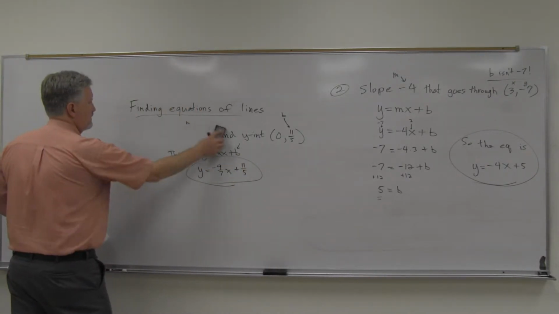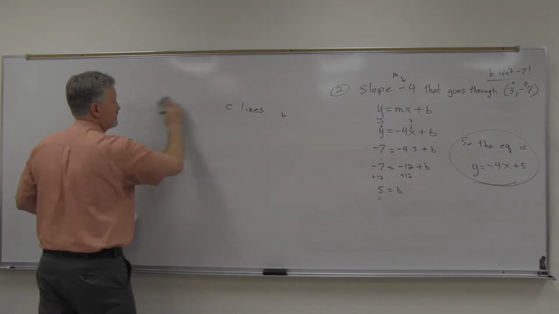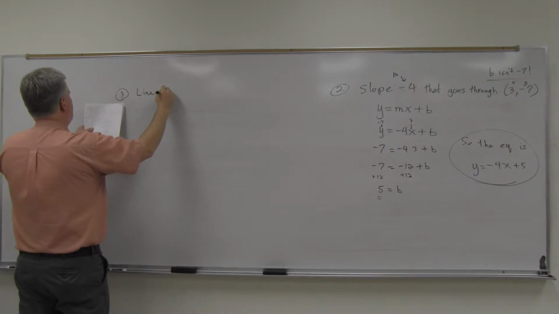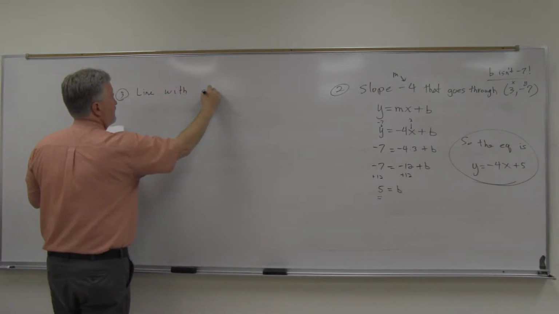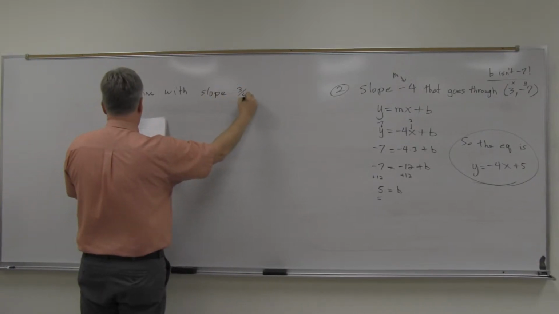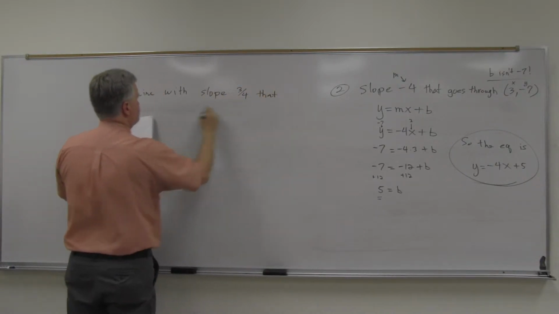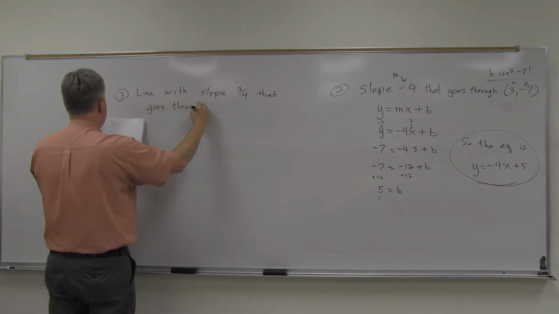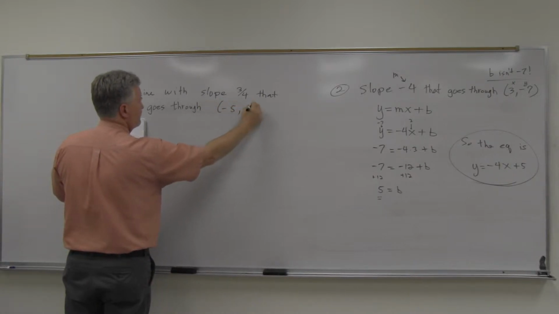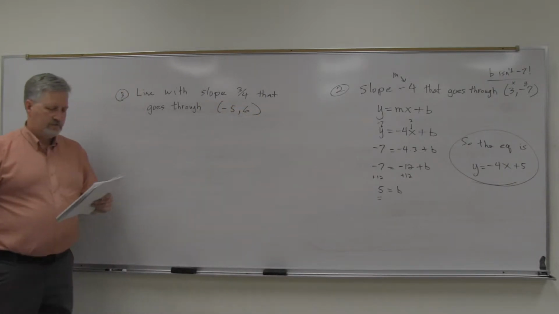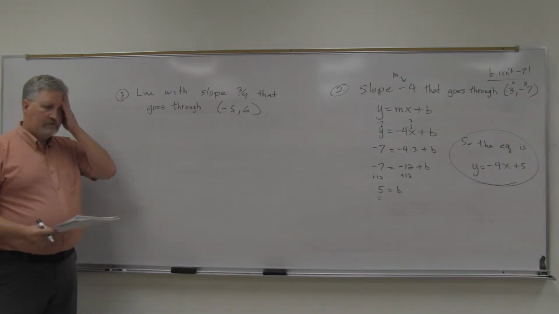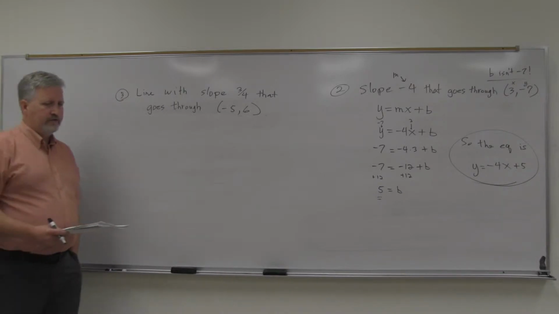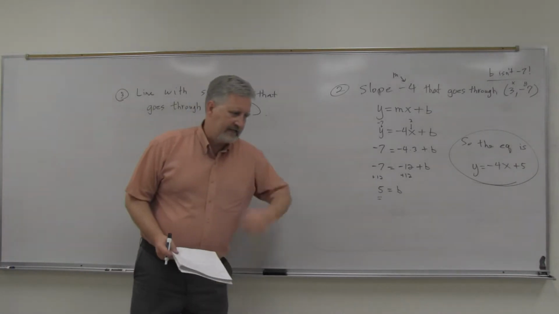Now let me mention number 3. We want the line with slope 3/4 that goes through (-5, 6).